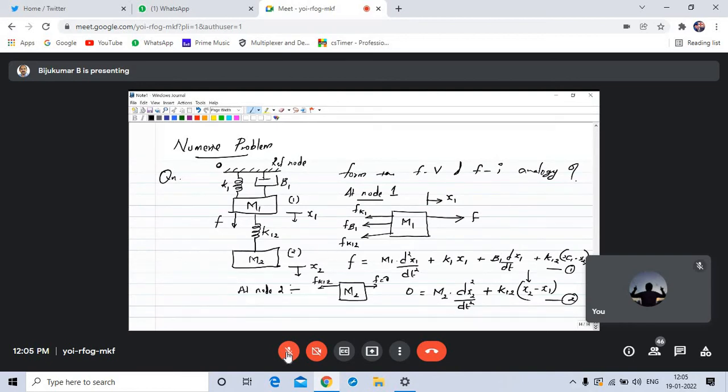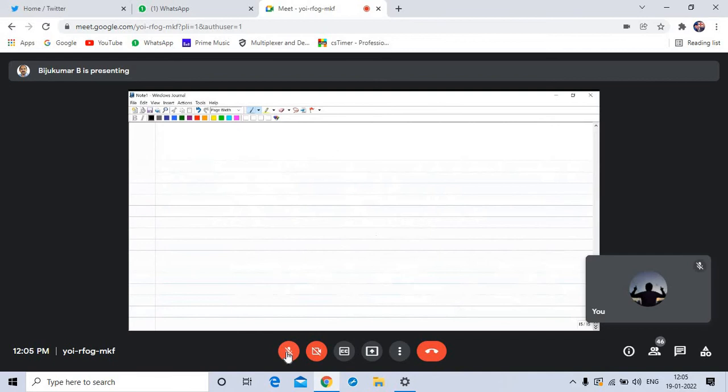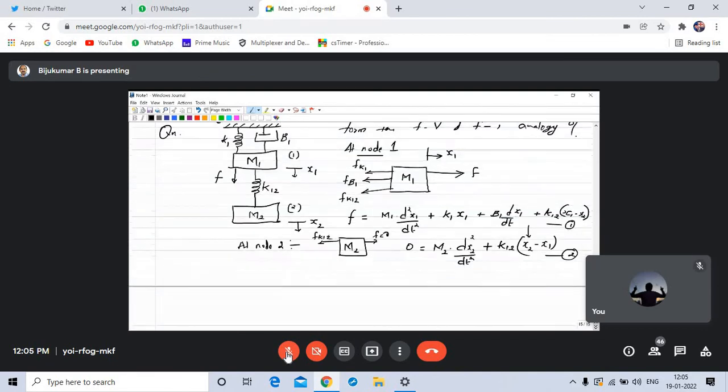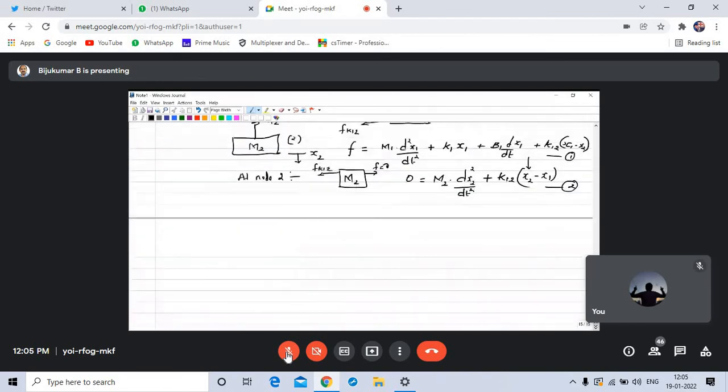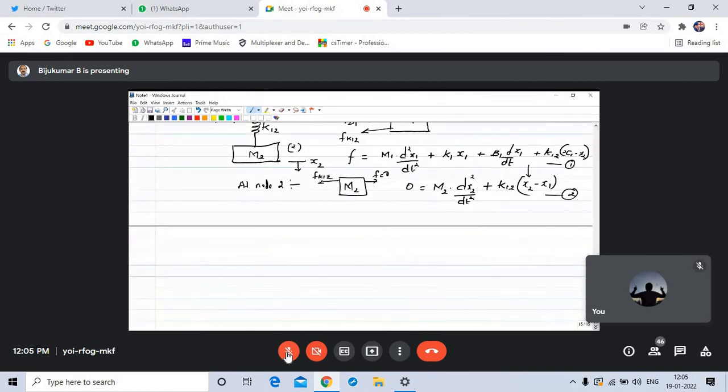Our aim is to form the force voltage analogy as well as the force current analogy, right? Now I have the equations regarding the laws of motion. So first we will derive the force voltage analogy. In force voltage analogy, force is analogous to voltage.